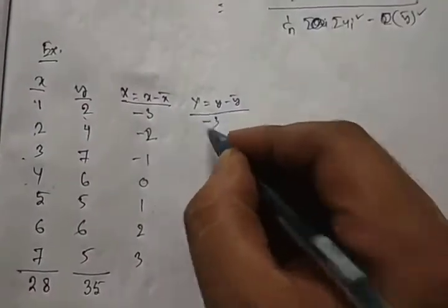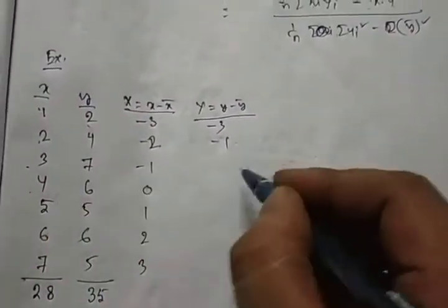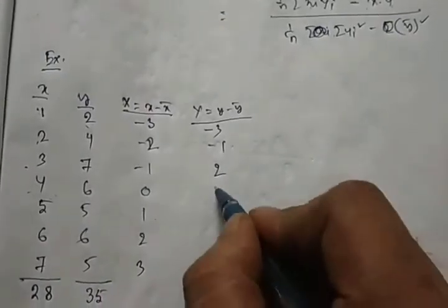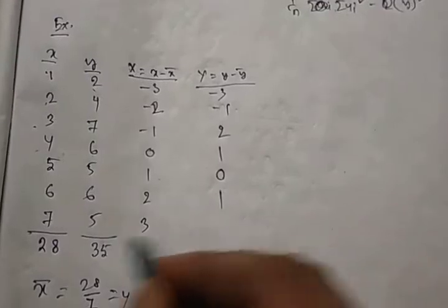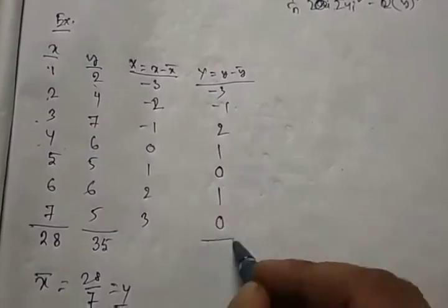Now y bar equals 5, so 2 minus 5 is minus 3, 4 minus 5 is minus 1, 7 minus 5 is 2, 6 minus 5 is 1, 5 minus 5 is 0, 6 minus 5 is 1, 5 minus 5 is 0.